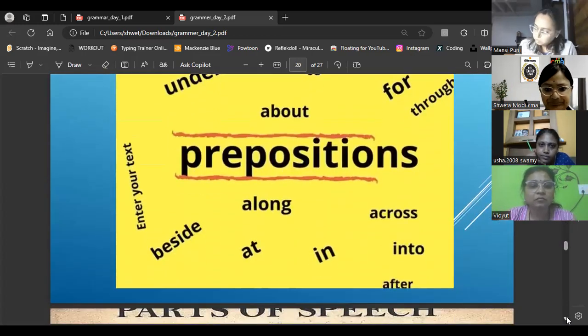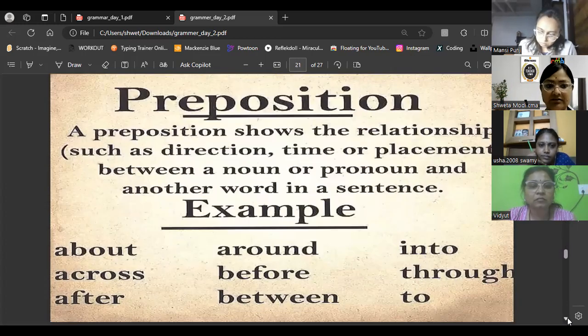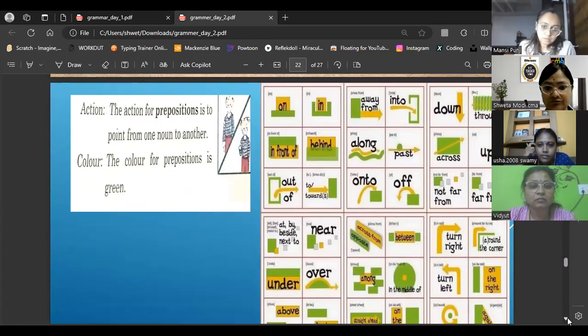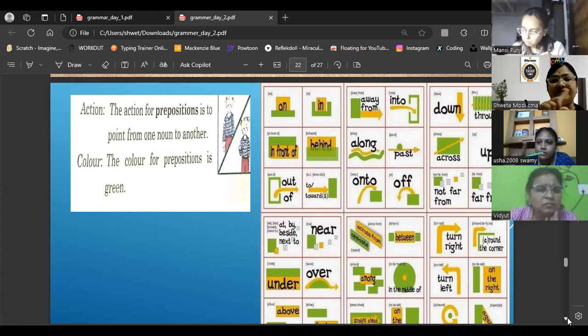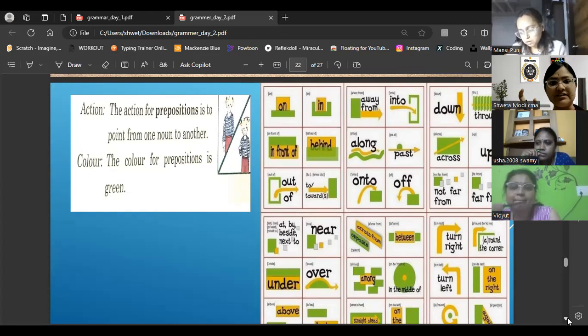Now preposition, Mansi has already shown. Green is the color and this is the action, pointing. Why are we doing this action? Because prepositions connect the subject to the object. When I say the cat is sitting under the chair, we are connecting cat and chair. So prepositions are only there if you have the object. If there is no object, then it is not a preposition but an adverb of place.